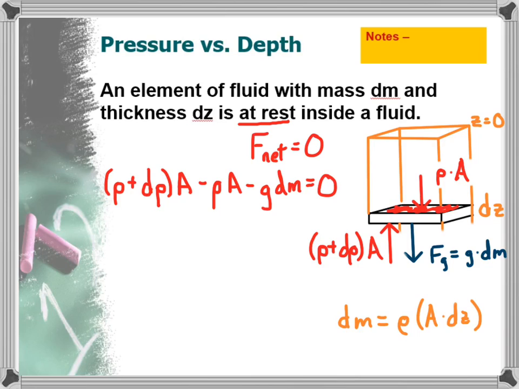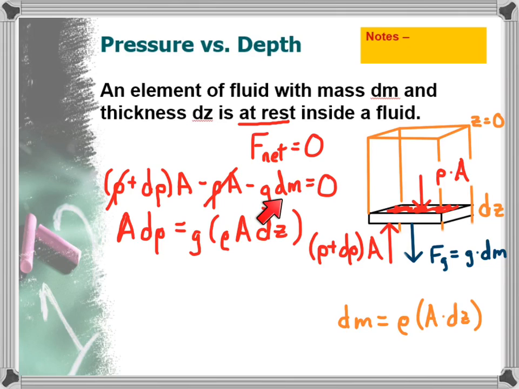If I take the difference between these two, I'm just going to get dP times A, or I can rearrange it to say A times dP. There's nothing wrong with that. And that is going to equal g times dm, so basically I just added g times dm to both sides. And then I replace dm with rho times A times dz, and that's how I get this expression right here.